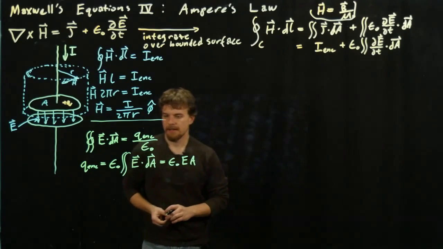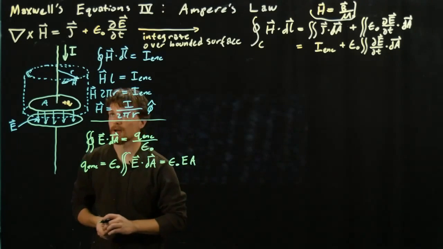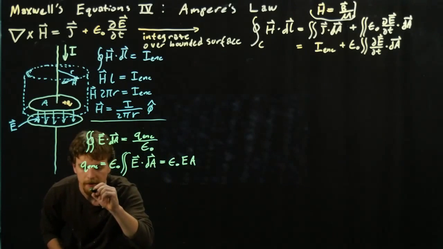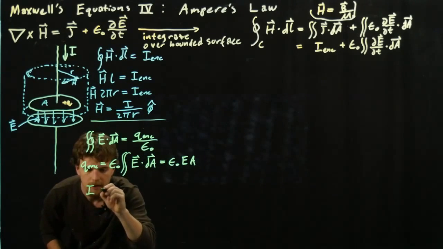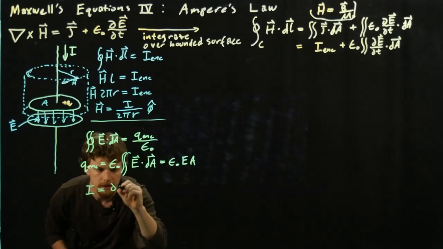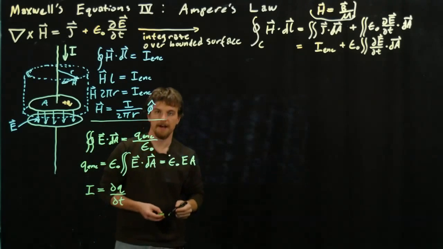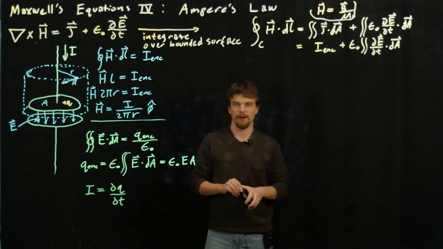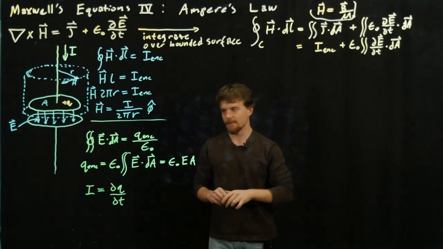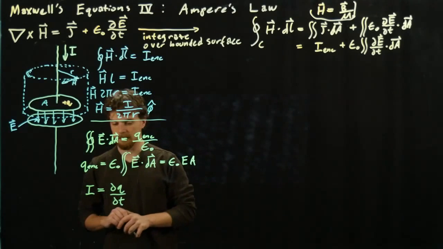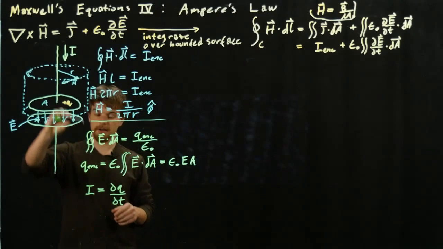So we have a definition for current. Current by our definition, we have that I is equal to dQ/dt. It's the time derivative of the charge through a surface. And that holds for the charge on this plate.